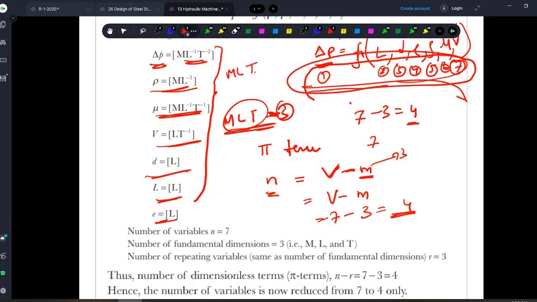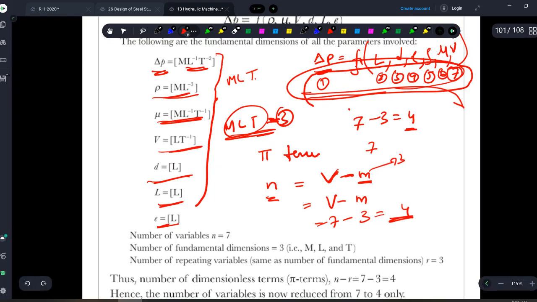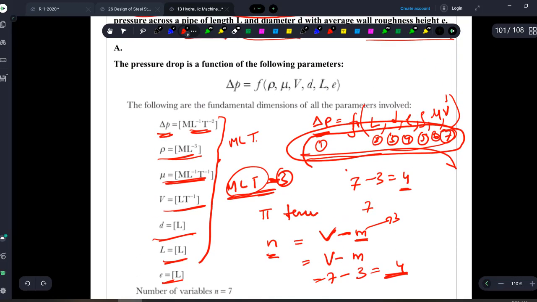So this is the first and most important bit of our fluid mechanics dimensional analysis chapter. If you open GATE and ESE questions, definitely you will find the number of pi terms which can be formed. Okay, so I hope you got it right. For example, let us say there was an equation like delta P is a function of rho, mu, v, d. That was all.